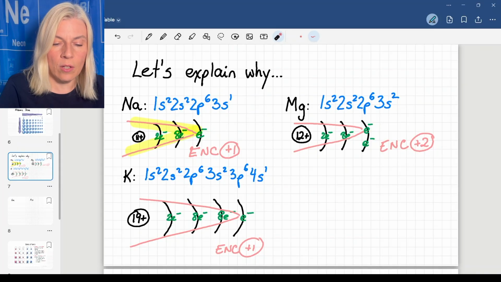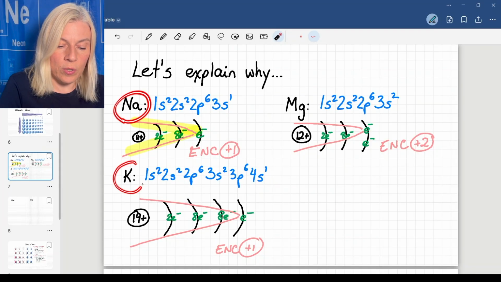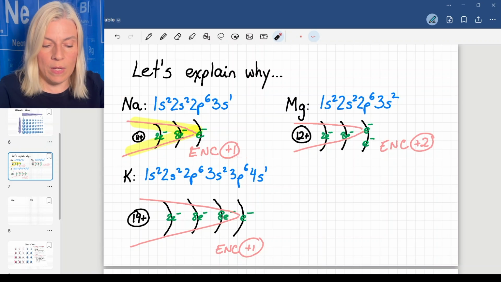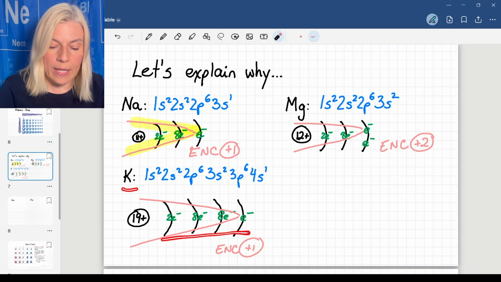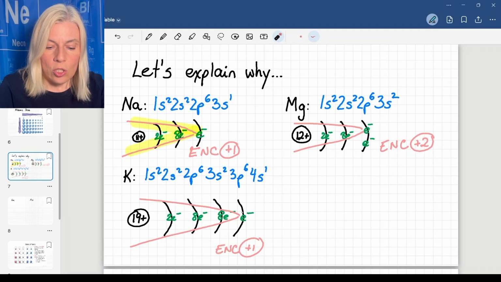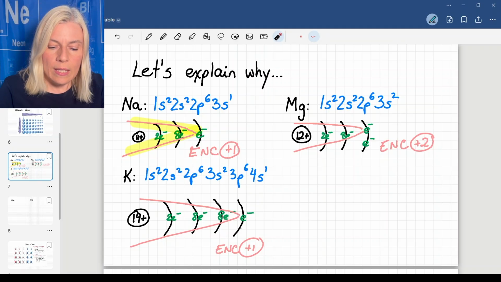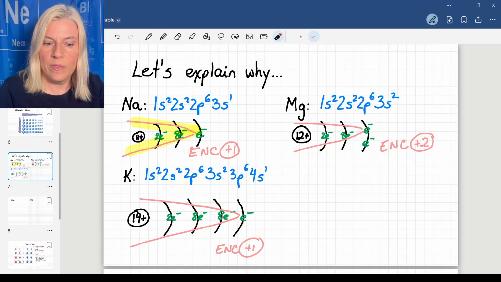So let's compare sodium and potassium. Well, you say ENC is the same, so that's not helping me. However, potassium has more energy layers. So with more and more layers, this electron has to be farther away.